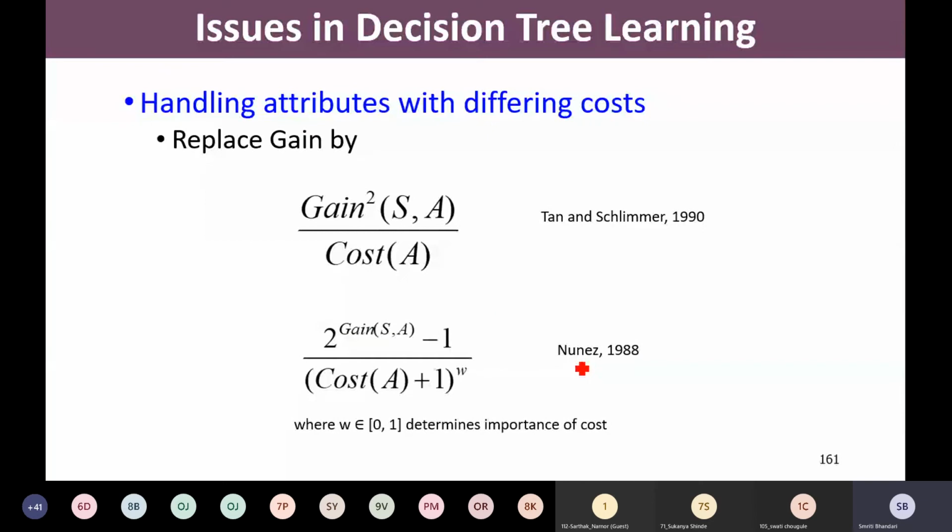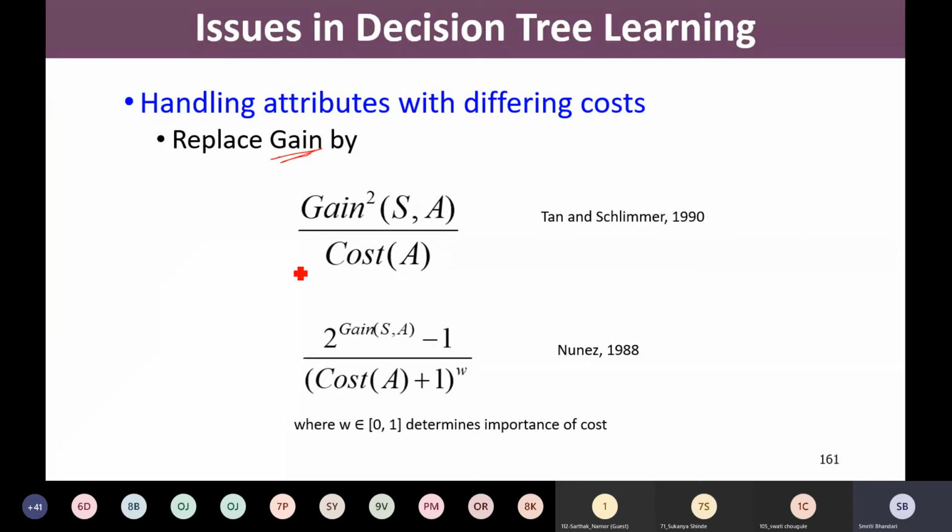And sometimes it is useful to consider those costs as well while selecting our decision parameter. So if we are using gain as our decision parameter, and if in our data set we have various attributes and all those attributes are associated with different costs.